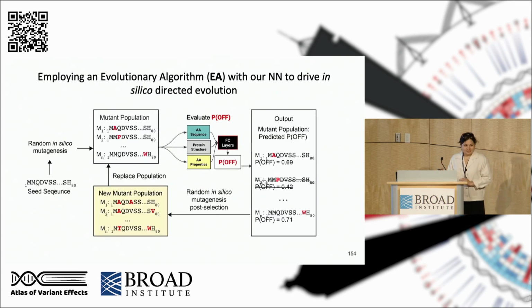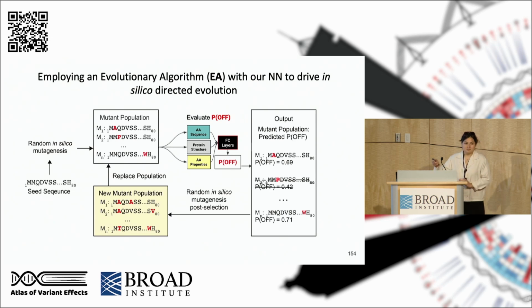To do this, we designed an evolutionary algorithm that was powered by our neural net for the selective pressure. What happens when we run this is we give the model a seed sequence, which is a sequence that exists in the training data. We ask the computer to perform random in silico mutagenesis, and then we evaluate the p-off values for all of those mutants and get rid of the ones that don't go towards what we're looking for.